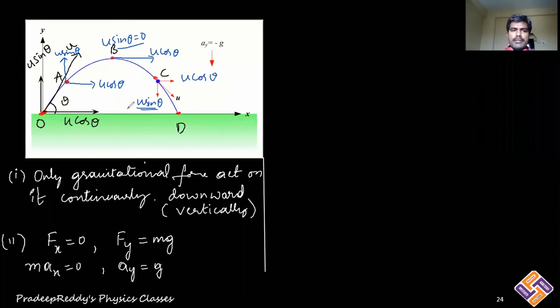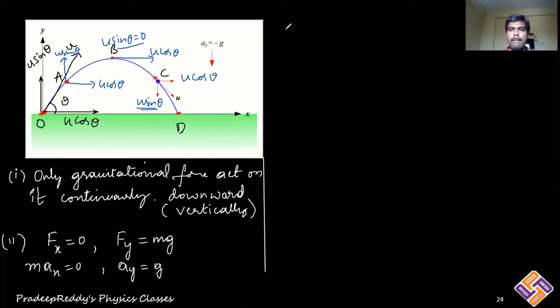So clearly you can observe that motion along x-axis is purely uniform because there is no force acting along x direction. But along y direction, there is gravitational force acting on the body. As a result, along y direction, it is non-uniform motion.